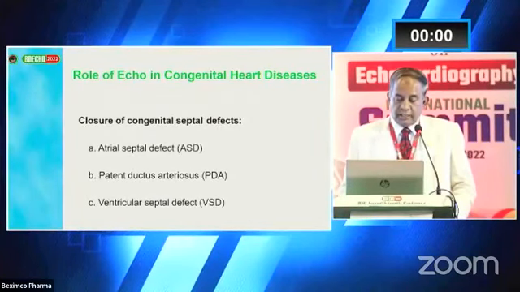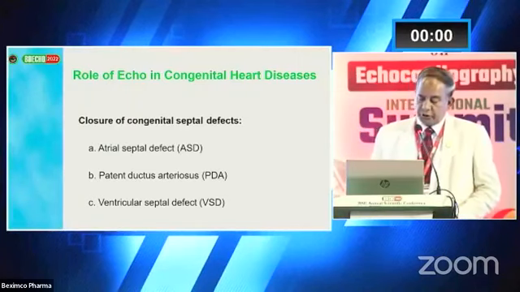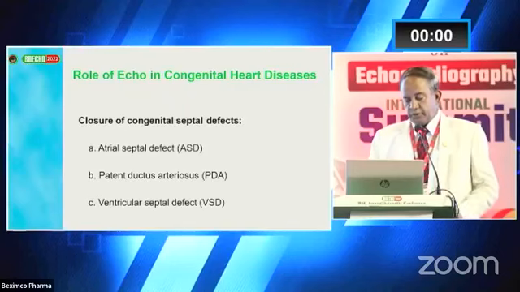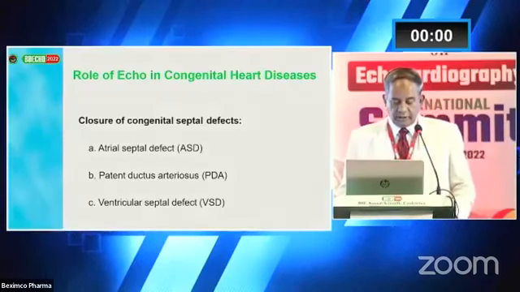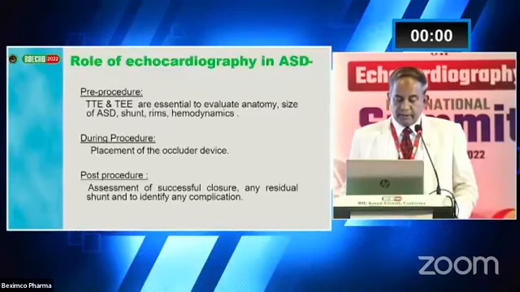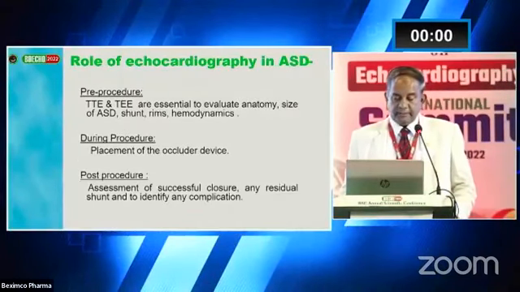In congenital heart disease, echo is especially important pre-procedure as well as during and after the procedure. Both 2D and TEE are used. If we consider the ASD, before the procedure we have to evaluate the anatomy and size of the lesion and hemodynamics.